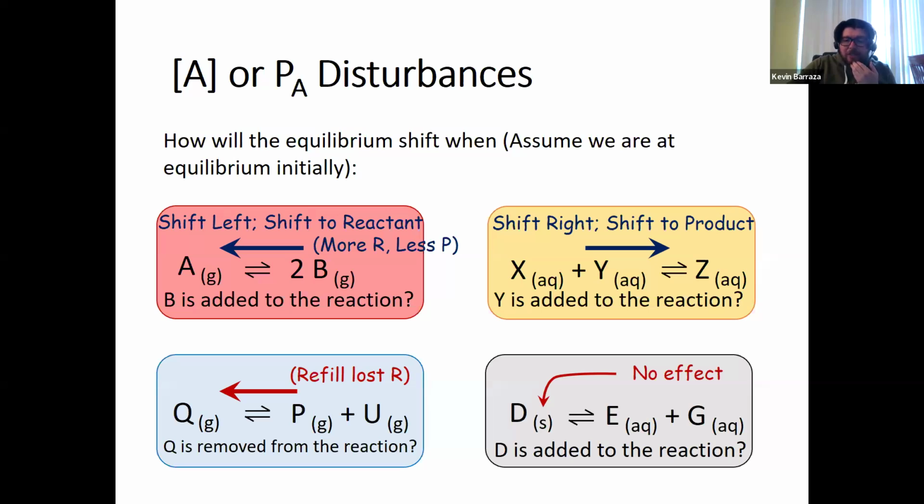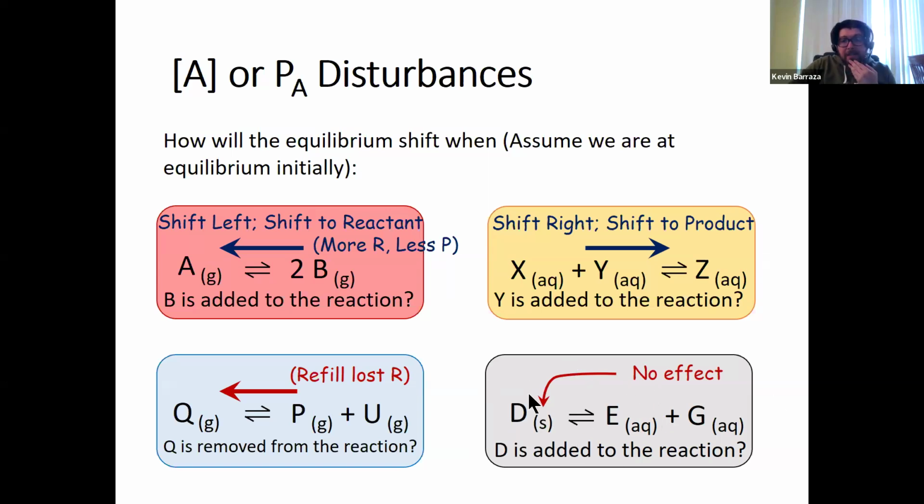Oh, but the good question, if we add more E or G, would it shift? And the answer is yes, it will. Anytime we add a solute, something will happen. What we would see is if we added more E, the reaction has too much product, it'll shift to the left. So some of my products would make more solid.